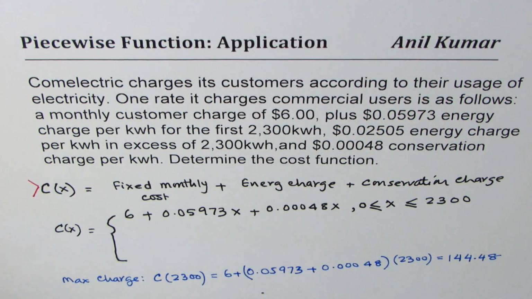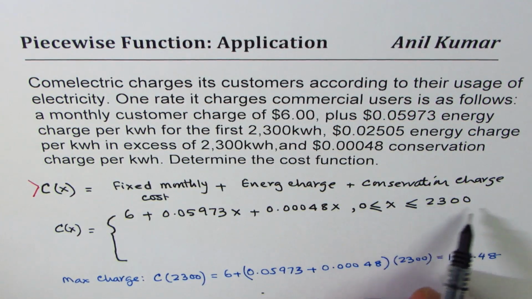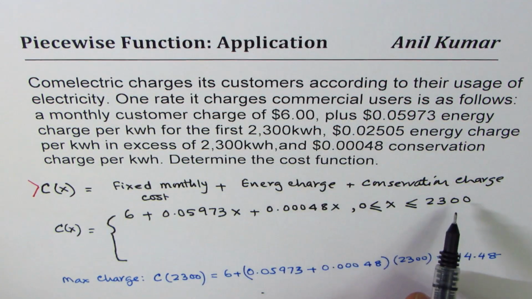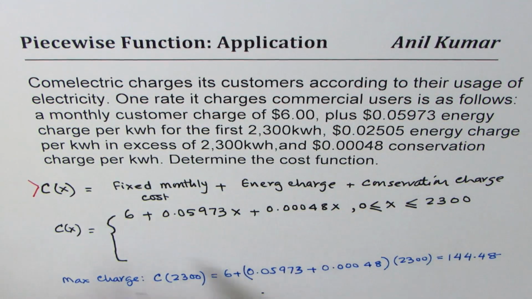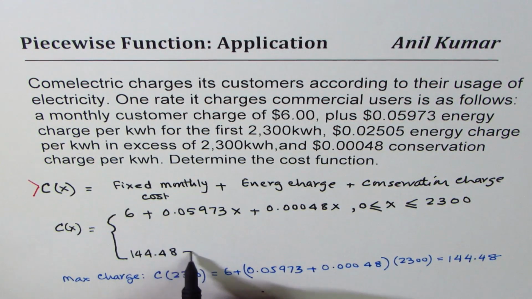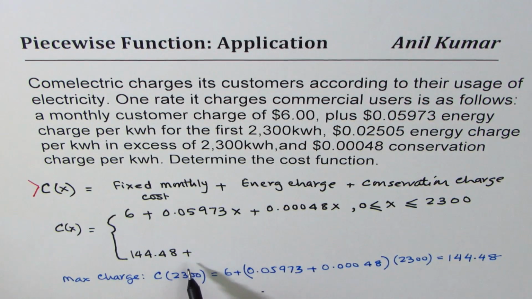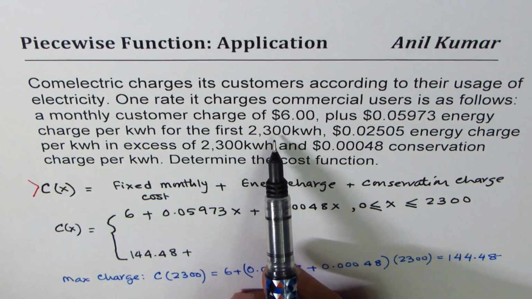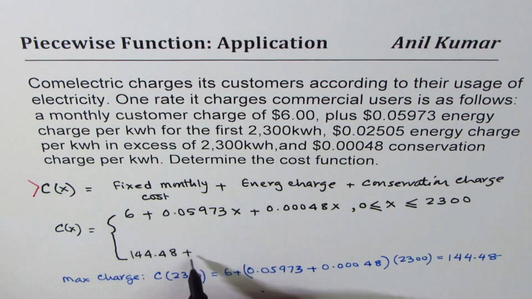So that means if you consume 2300 kilowatt hours of energy, you pay that much. So the next level starts from 144.48, plus additional charge on the energy over 2300.